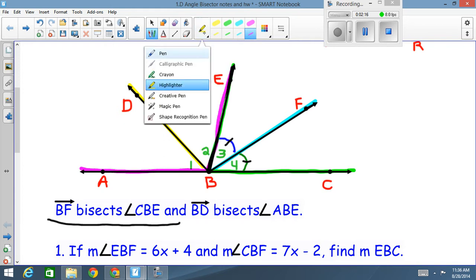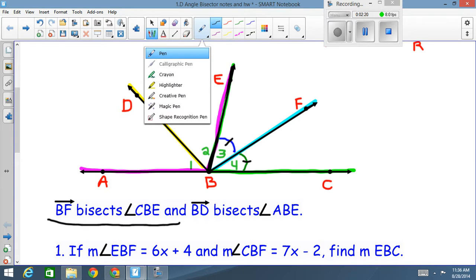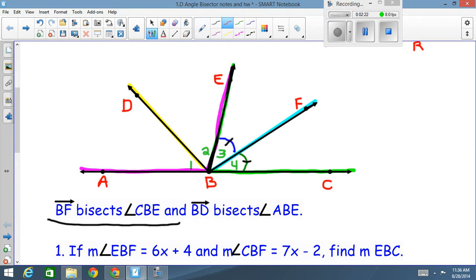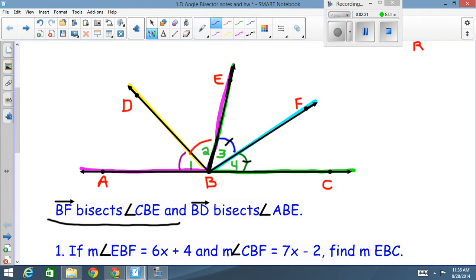So based on that information, we can also say that angles 2 and 1 are congruent to each other. Now you have to be careful. You can't just put one notch mark here and here, because then it looks like all four of them are congruent to each other. So since we just want to show 1 and 2, I'm going to put 2 notch marks. That shows 1 and 2 are the same. The 1 notch mark shows that 3 and 4 are the same.